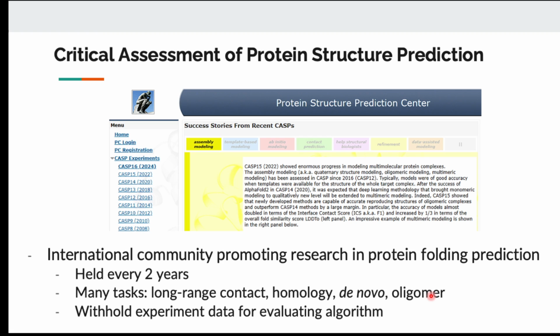By knowing just the monomer structure, can you model the oligomer formation? And if you have the amino acid sequence, can you tell which residues will be interacting in 3 dimensions? So basically, it's the prediction of coevolution as well. So they actually have many interests in their communities.